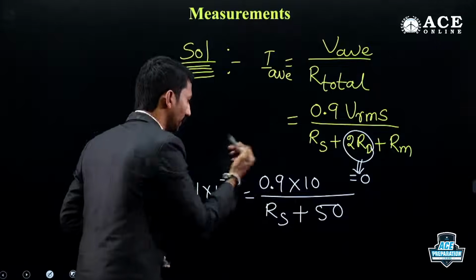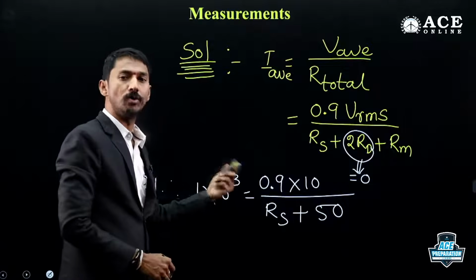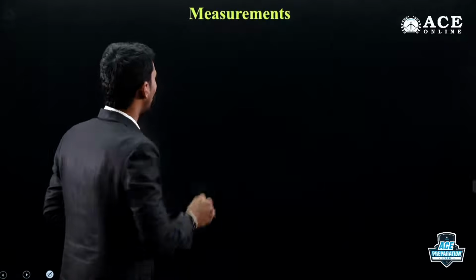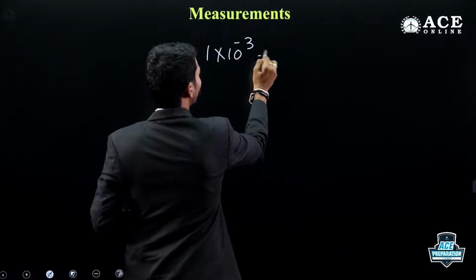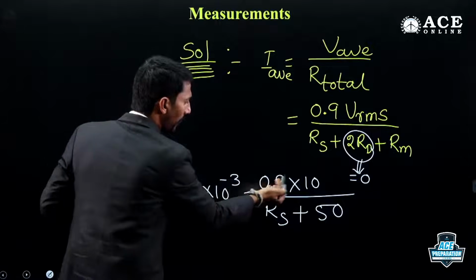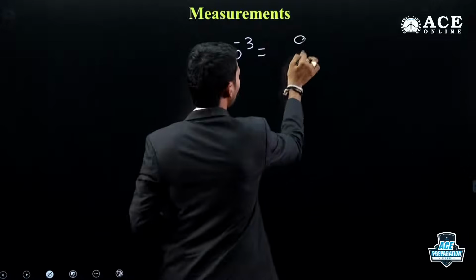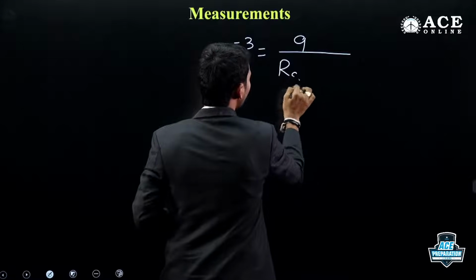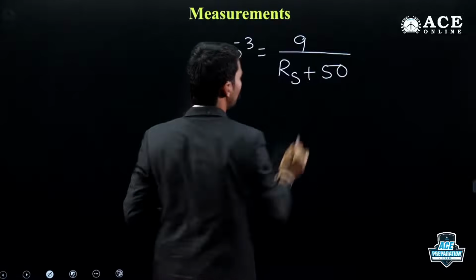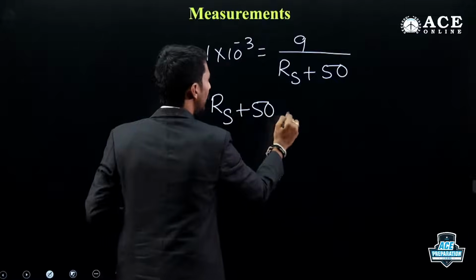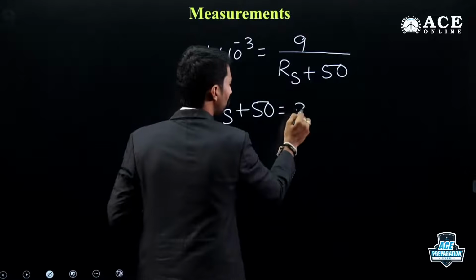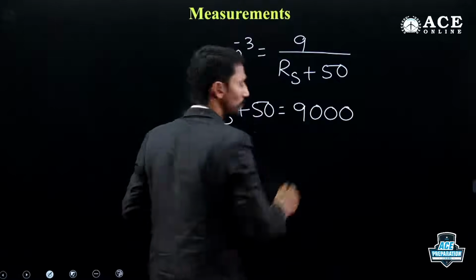If you simplify this, it is a very simple calculation: 1 into 10 power minus 3, 0.9 into 10 is 9, by RS plus 50. So RS plus 50 is equal to 9,000.